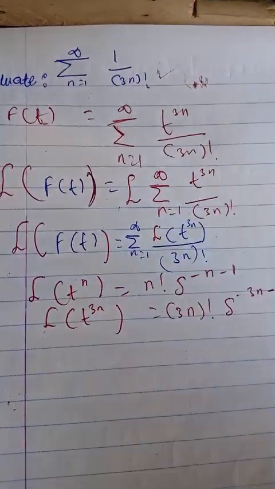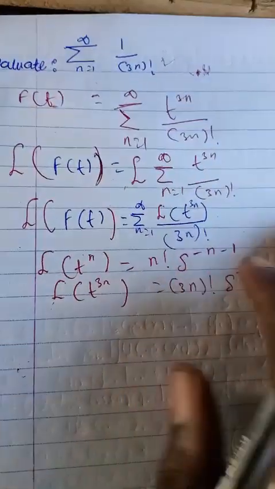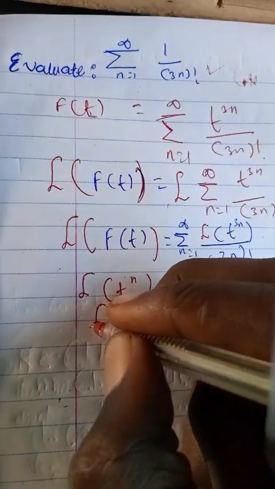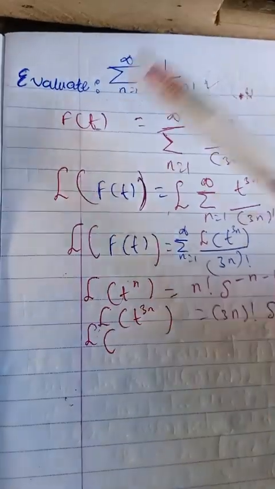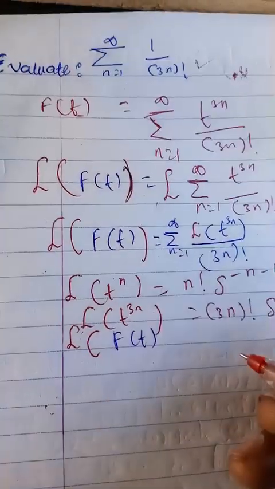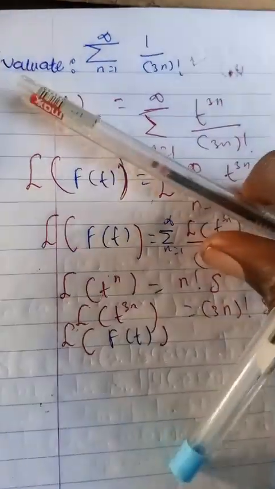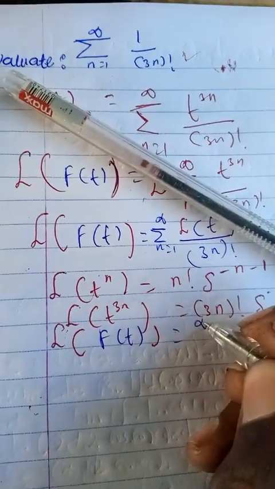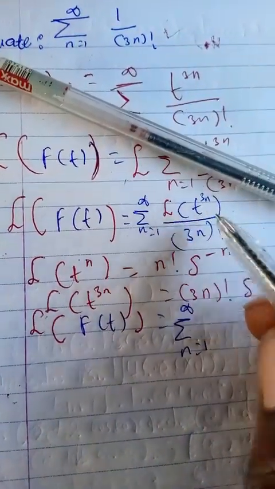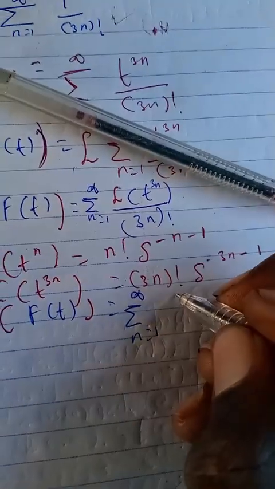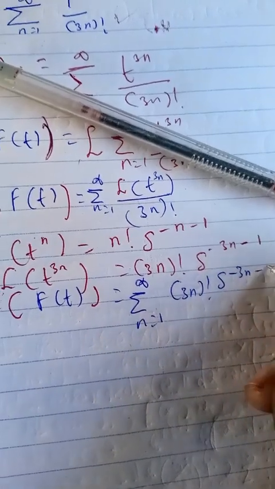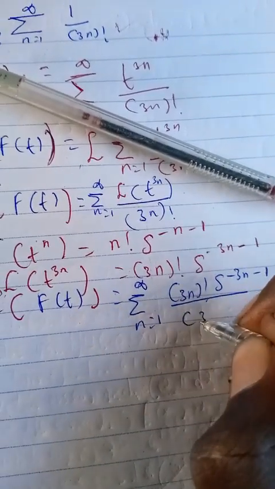So our question becomes: the Laplace transform of f of t is equal to the sum of n running from 1 to infinity. Instead of writing the Laplace transform of t raised to the power of 3n, we write 3n factorial multiplied by s raised to the power of minus 3n minus 1, everything over 3n factorial.